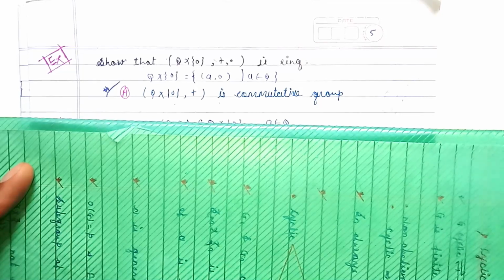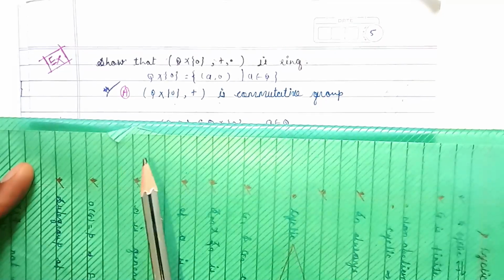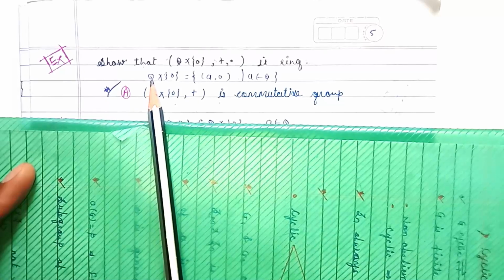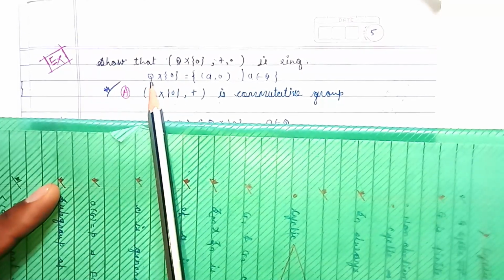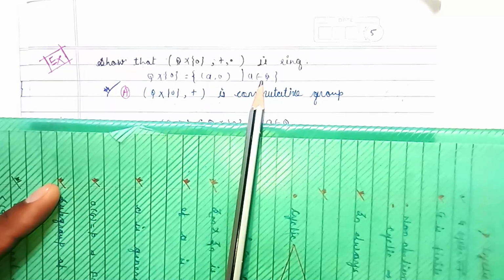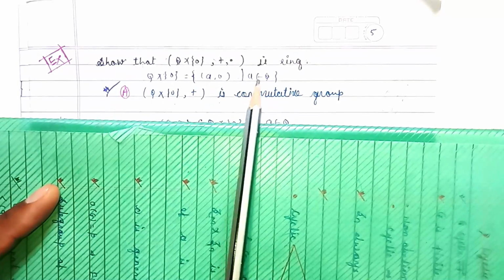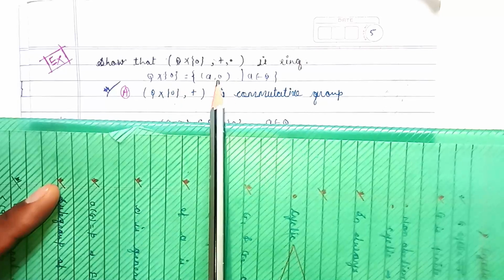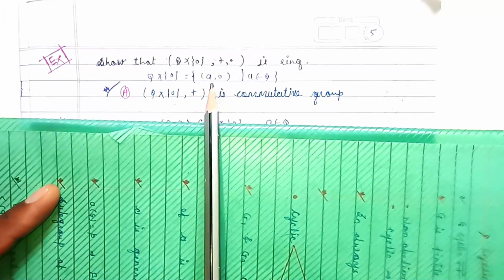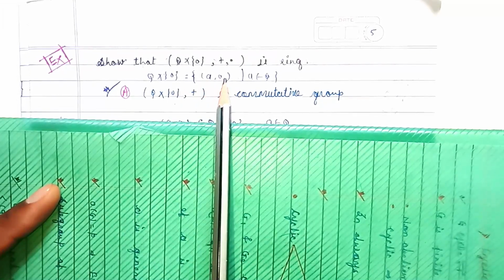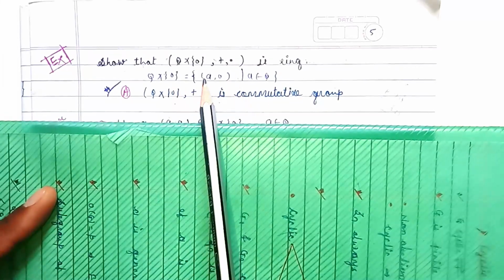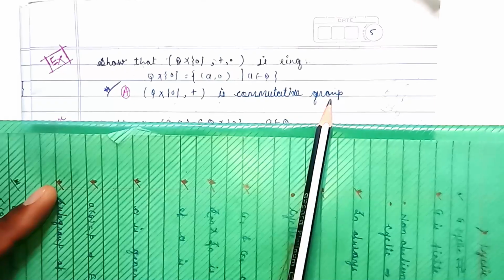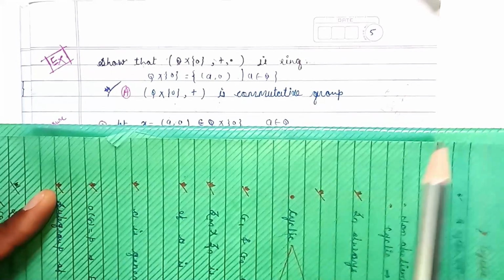Q means you can take any element a belonging to Q, and {0} contains only the singleton 0. That means it has elements in ordered pair form (a, 0), and we have to show that such elements satisfy the commutative group properties.